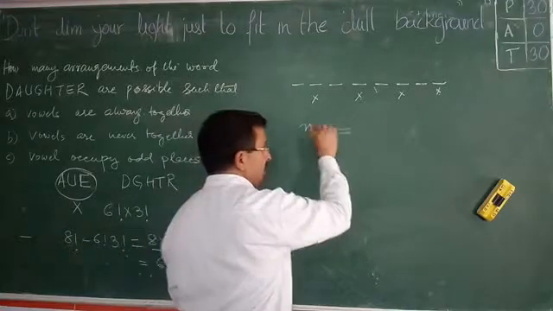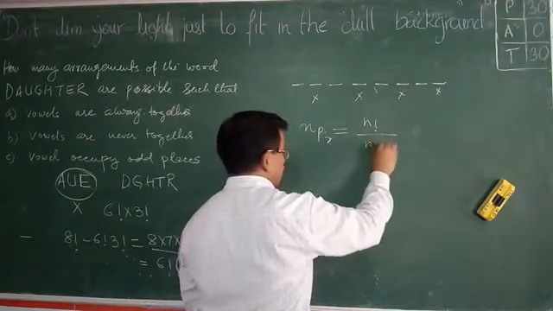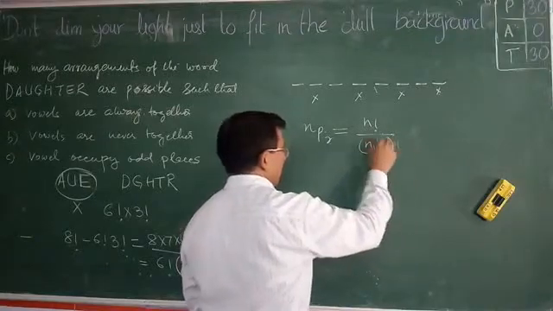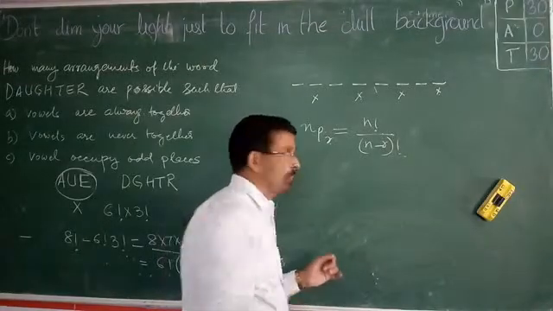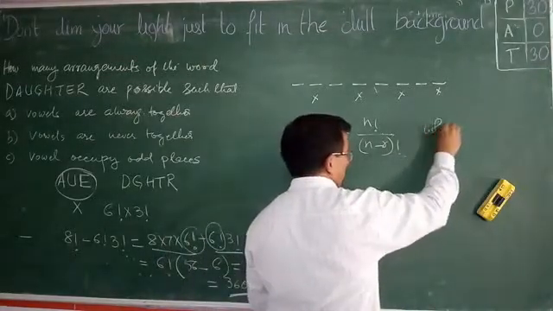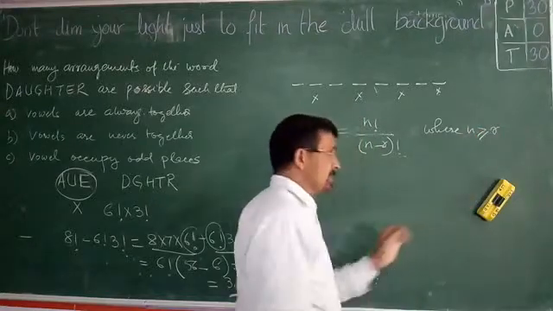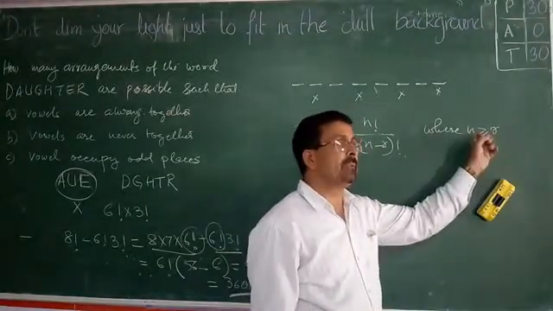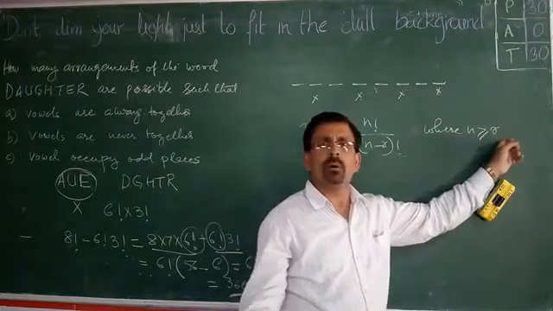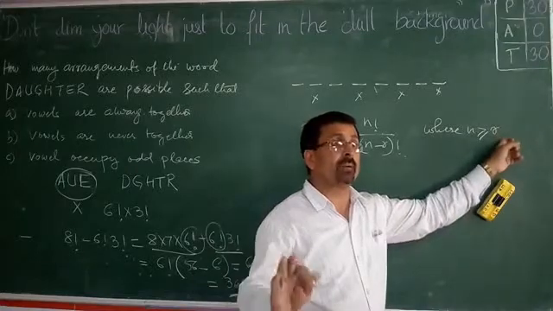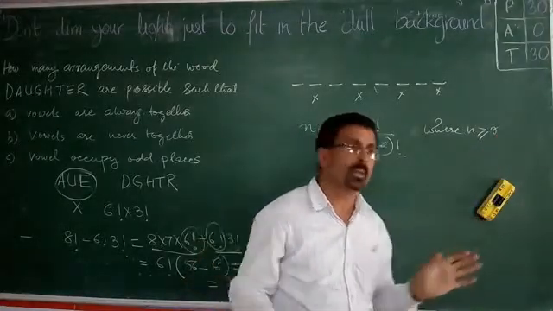The meaning of nPr is n factorial divided by n minus r factorial, where n is greater than or equal to r. That means r is mostly less than n, but it can sometimes be equal to n. But r can never be greater than n. Is this okay? Yes, sir.